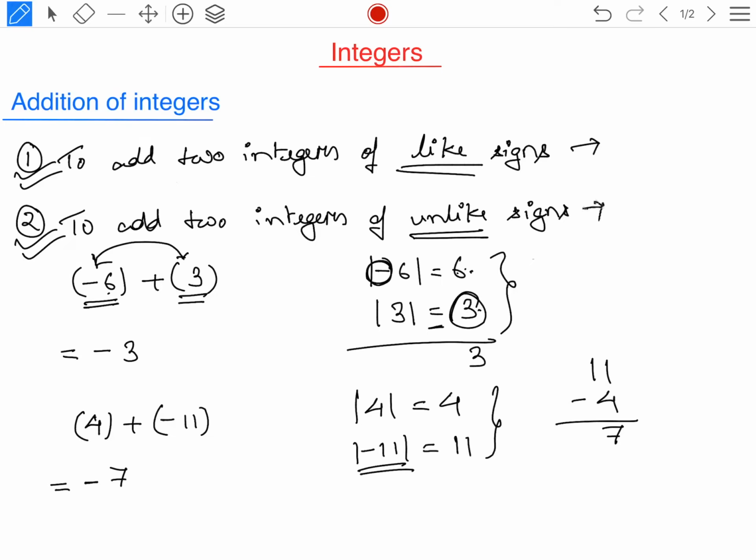The symbol that is present in front of the greater number, we will use, and we will subtract the smaller number from the greater number. Understood? When they are like, we add both, and when they are unlike, we subtract the smaller from the greater one. Okay, this is the concept.